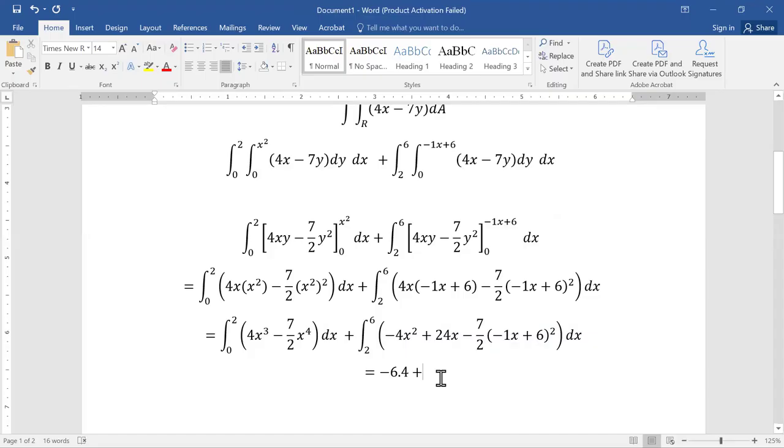Negative 4x squared plus 24x minus 7 halves times negative 1x plus 6 quantity squared, integrated with respect to x, I end up with a 32.